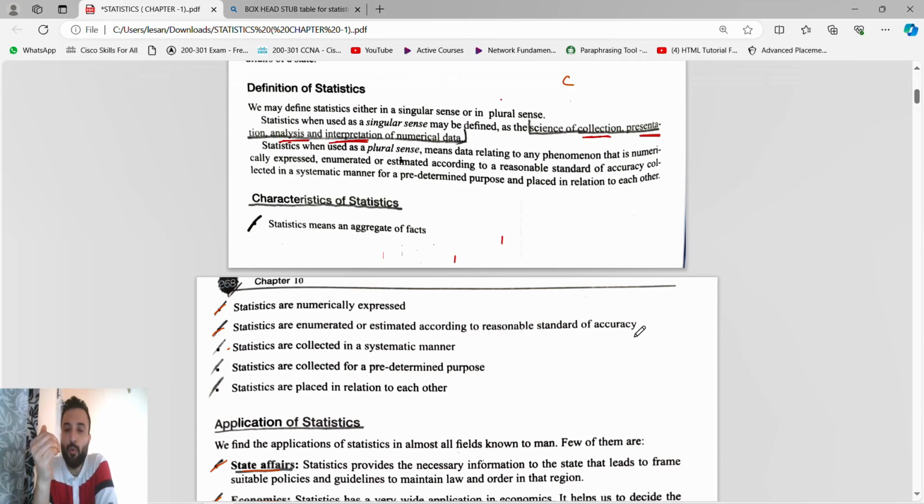Suppose you want to take admission in a college or some institute, say CA Foundation in some institute. What will you do? First of all, you will collect the data, the information, about four or five institutes.